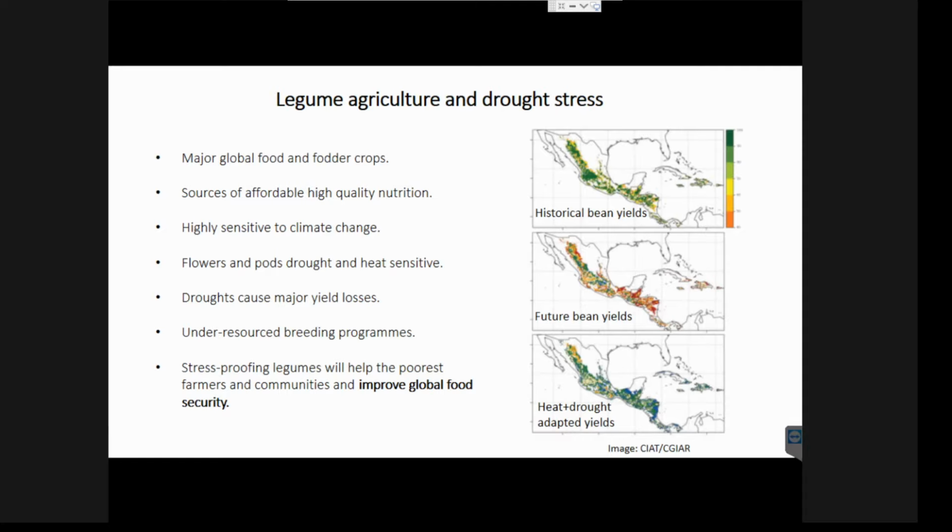Now, going back to the work in Mexico, so these are data from CIAT, and these are the historical bean yields across Mexico. Now, if Mexican farmers continue to use the same cultivars that they're using now, CIAT has estimated there'll be massive losses in yield across Mexico.